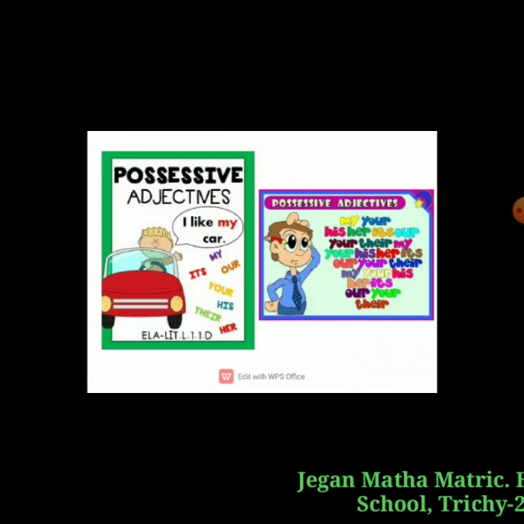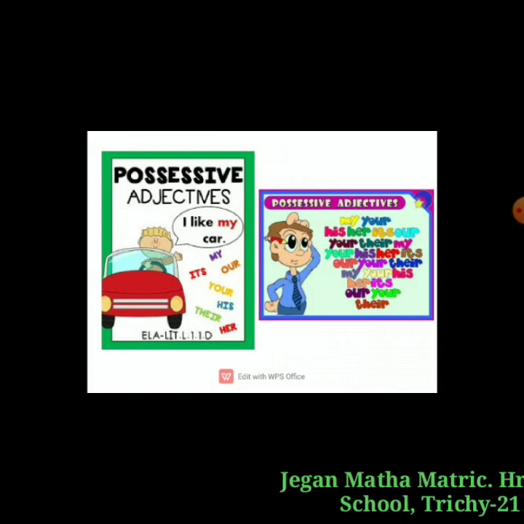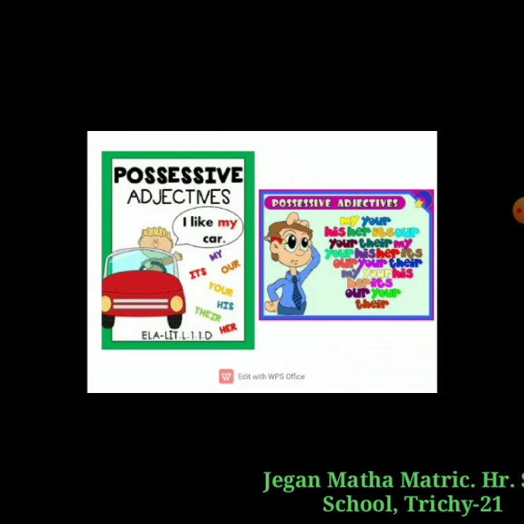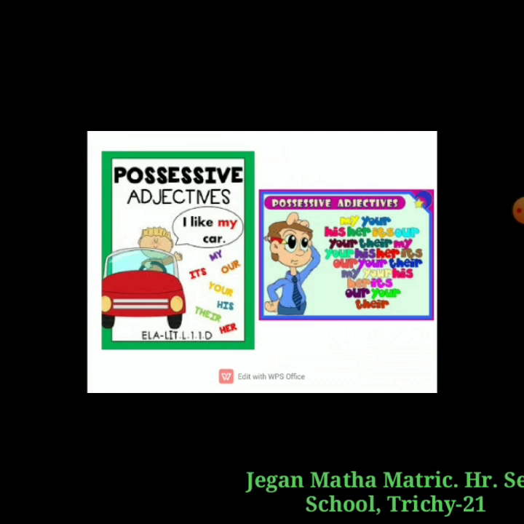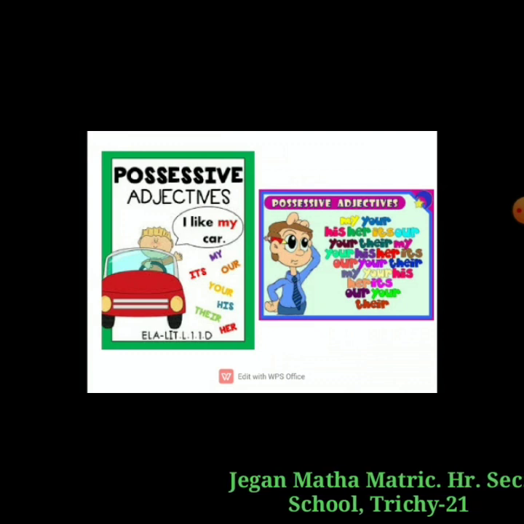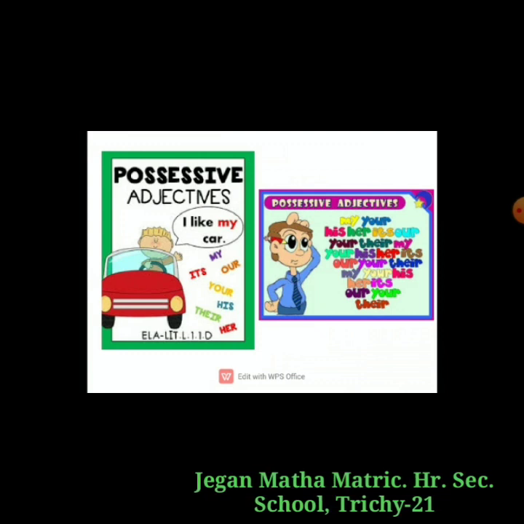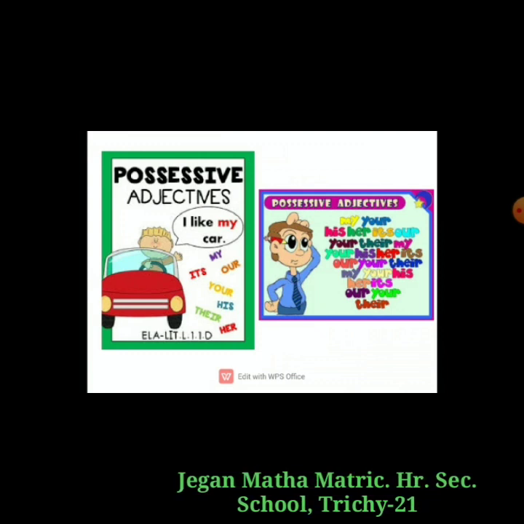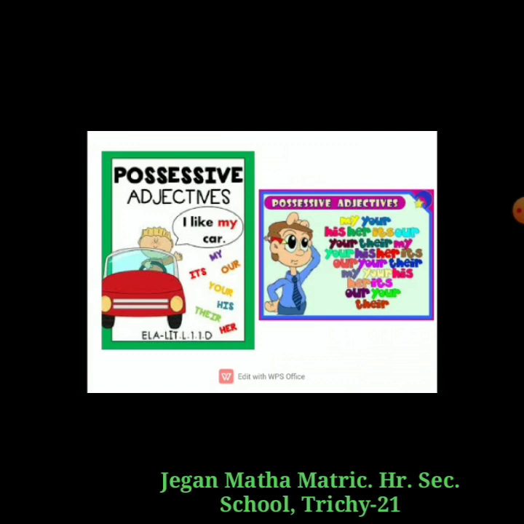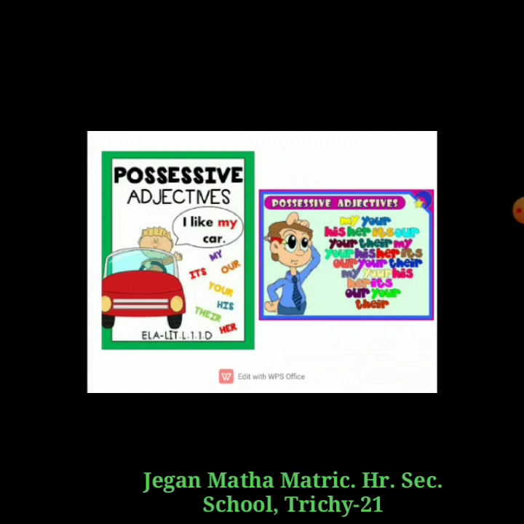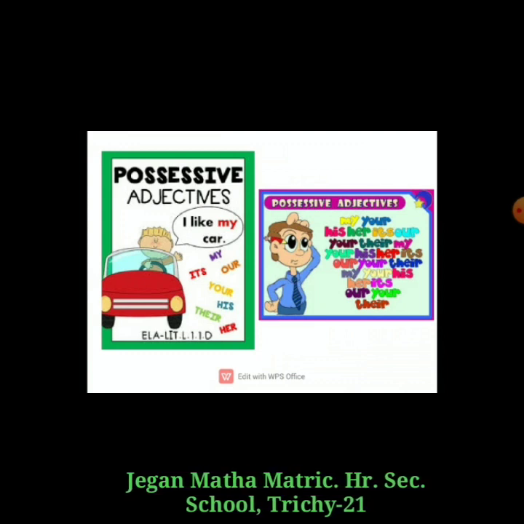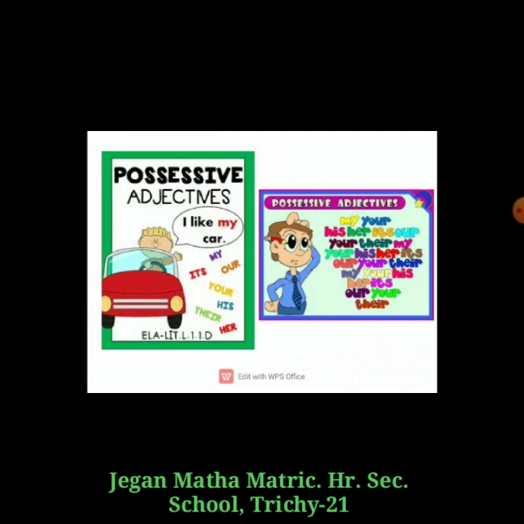Okay, we can use a possessive pronoun also. That house is his, so his is a possessive pronoun, because it changed to the pronoun his. But we are learning about only adjectives, so here it is possessive adjective. This is their room, their is a possessive adjective.